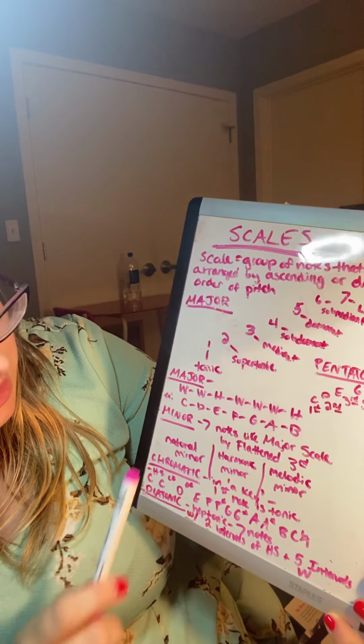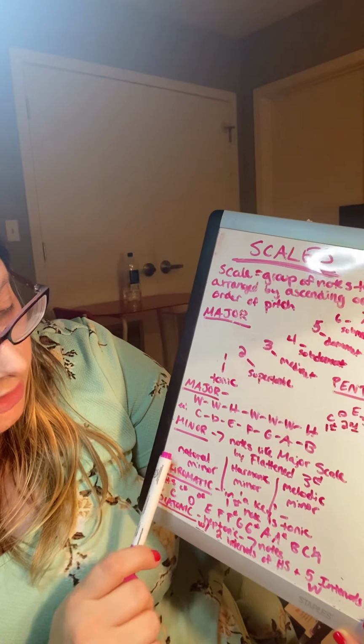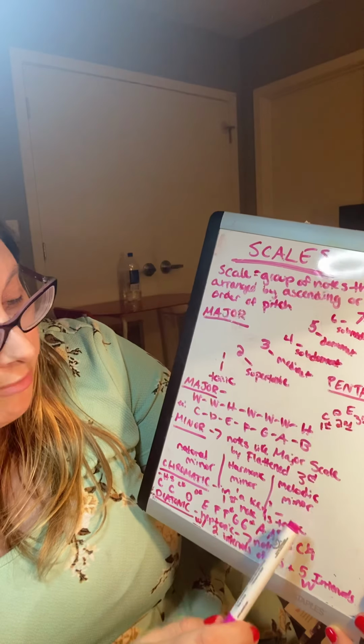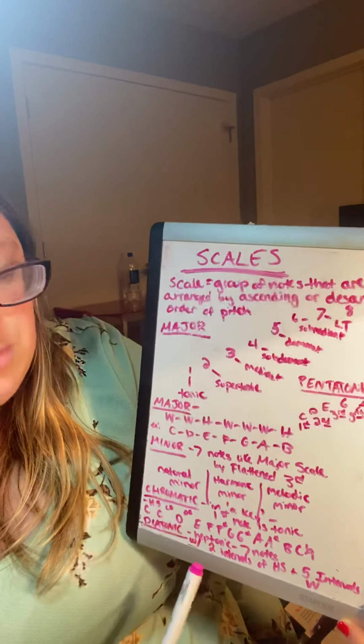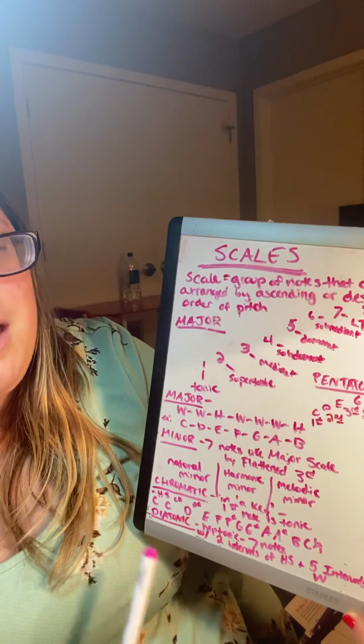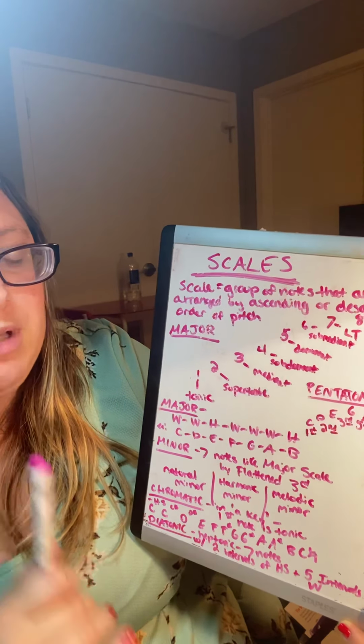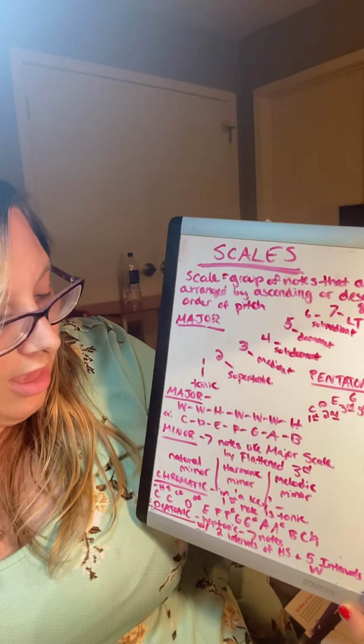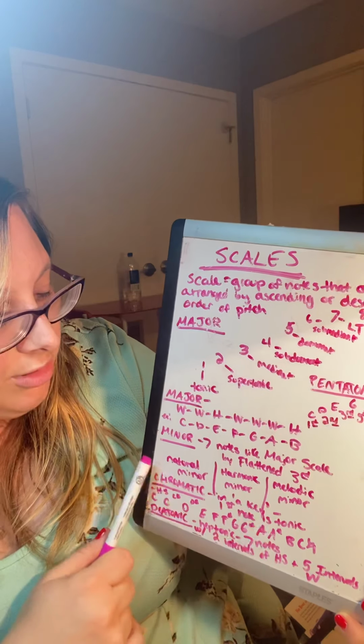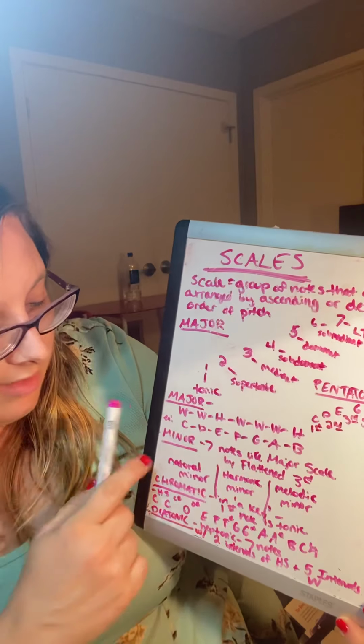Now there are different kinds of minors: the natural minor, harmonic minor, and melodic minor. Natural minor includes just doing the major scale, but starting 3 half steps below the major scale, and that includes all sharps and flats in that as well.